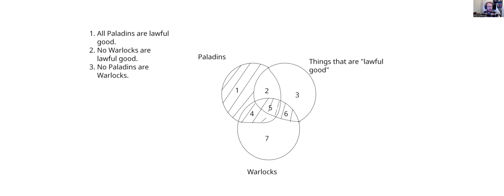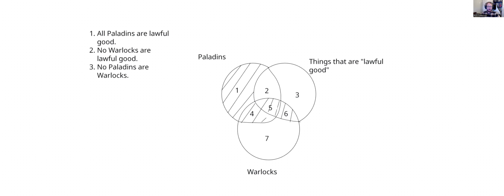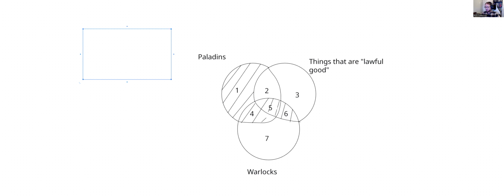If we're trying to represent this claim, no warlocks are lawful good. Notice it's in the warlock circle, right? And what does it say about the warlock circle? It says nothing in that circle should also be in the lawful good circle. Because if you were in 5 and 6, you'd be a lawful good warlock. And this says no warlocks are like that. No warlocks are lawful good, right?